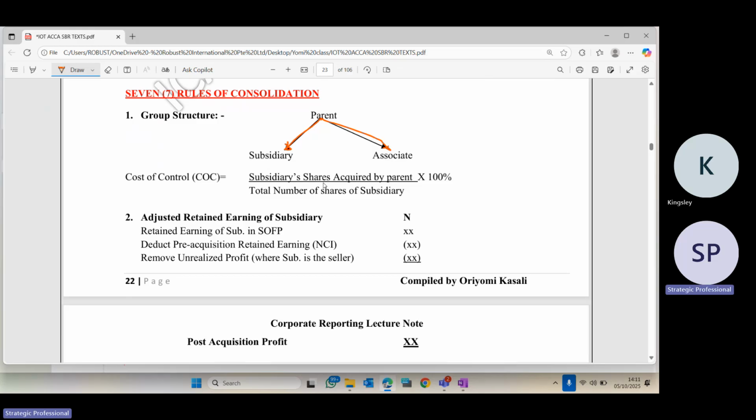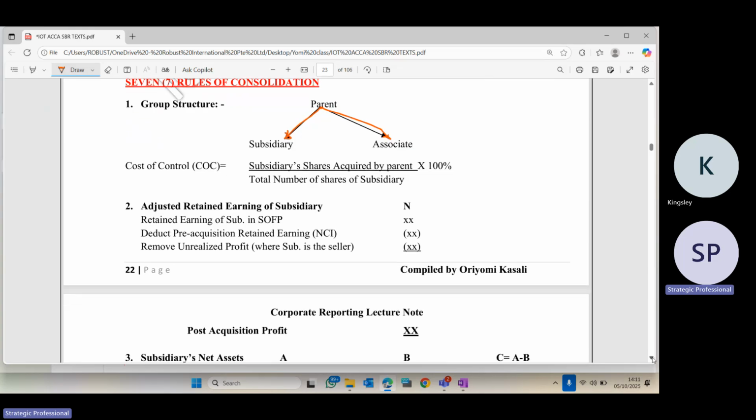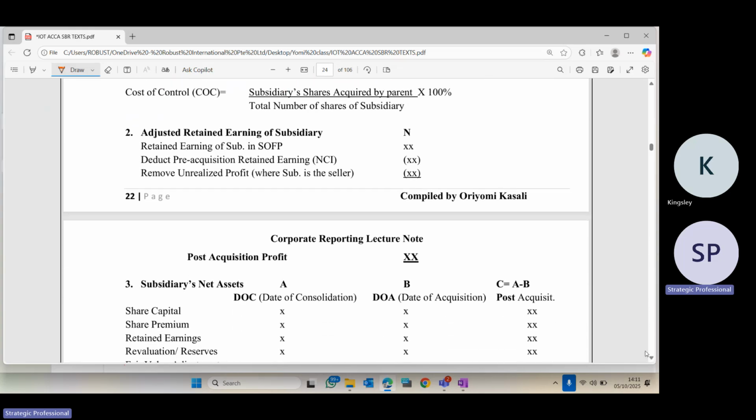In order for us to get the retained earnings of the subsidiary, which we call the post-acquisition profit, there's a need for us to adjust the retained earnings of the subsidiary. We first of all pick the retained earnings of the subsidiary that is given to us in the financial statement. After which we are going to deduct any pre-acquisition retained earnings.